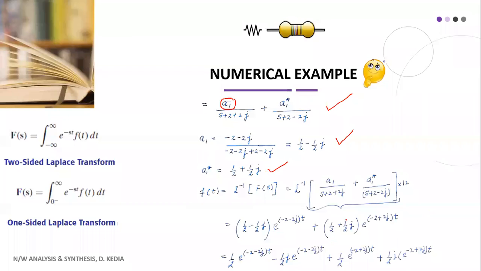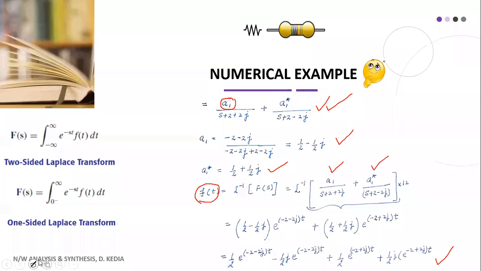And then I had explained that we have to obtain the inverse Laplace transform after substituting the value of A1 and A1 star in this above equation. And this is what we had received after substituting this value. So the Laplace inverse of these two terms you already know.